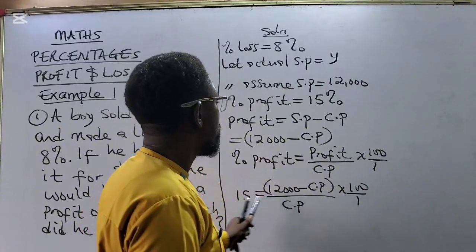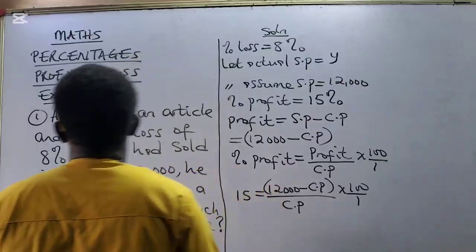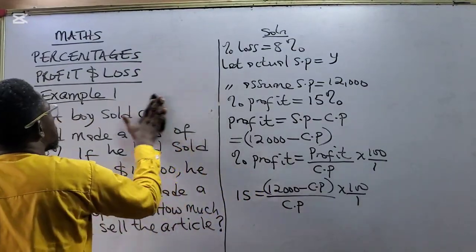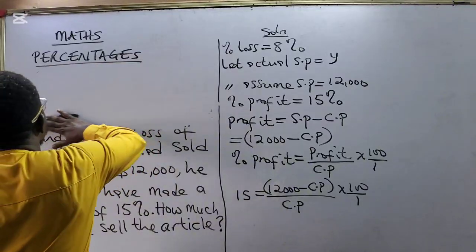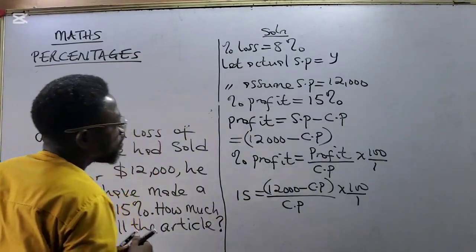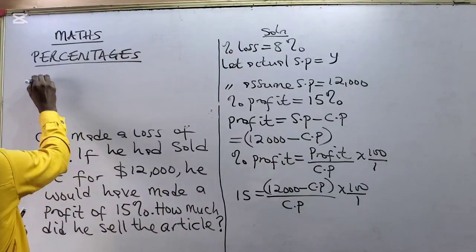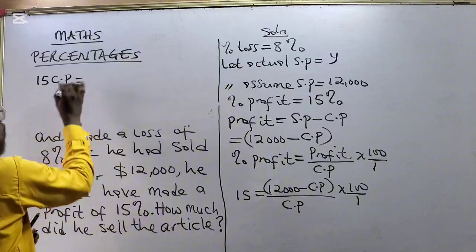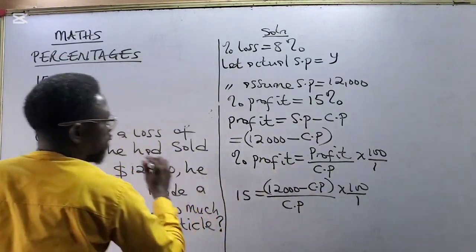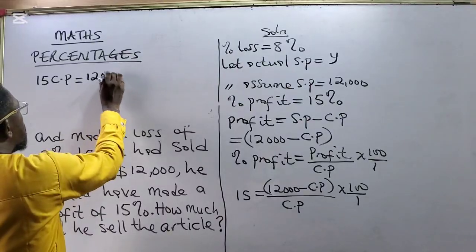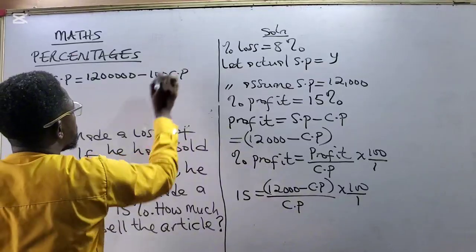Then we open the bracket. We have 15 CP equals 100 multiplying 12,000, minus 100 CP.